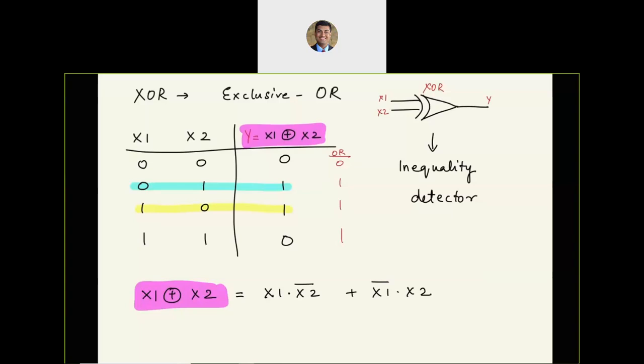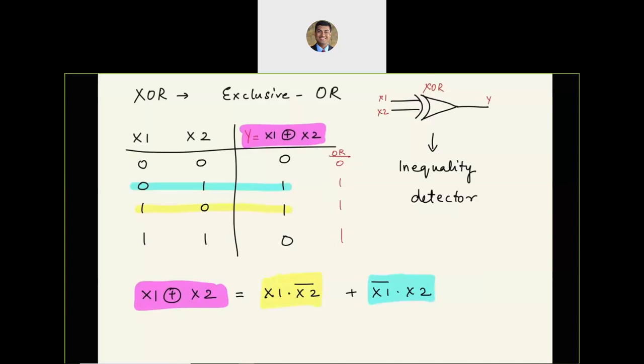I have the ones in two locations, and y can be 1 when x1 is 0 and x2 is 1, and that is represented using this particular term, or x1 is 1 and x2 is 0, which is this particular term.